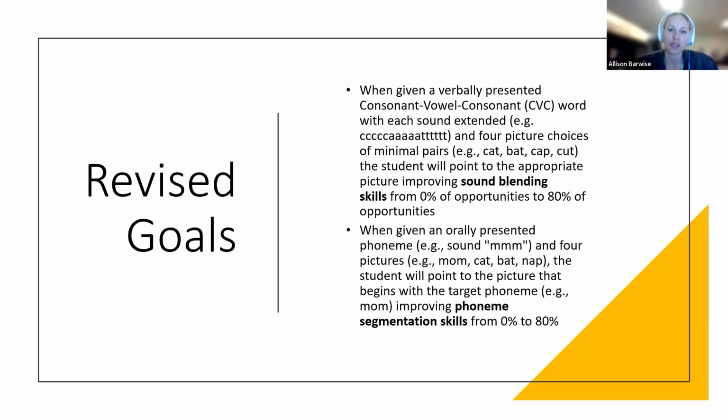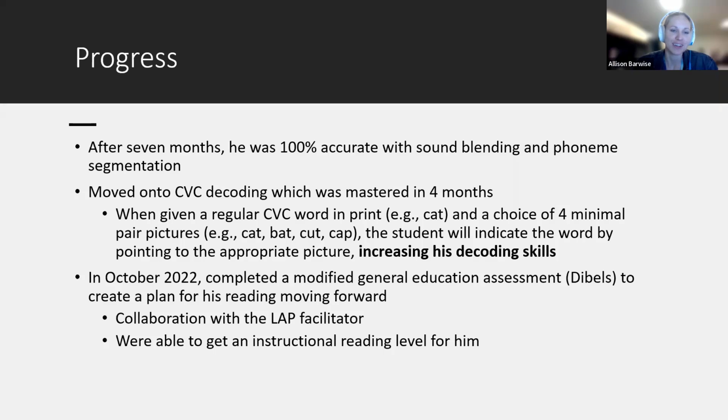And when we look at his progress, he was able to kind of fly through this. And after 7 months of instruction, he was 100% accurate with these skills. And so we then moved on to CVC decoding, which he quickly mastered once he got what we were doing and understood the pattern of expectations.